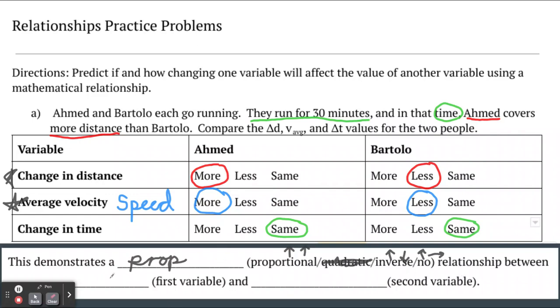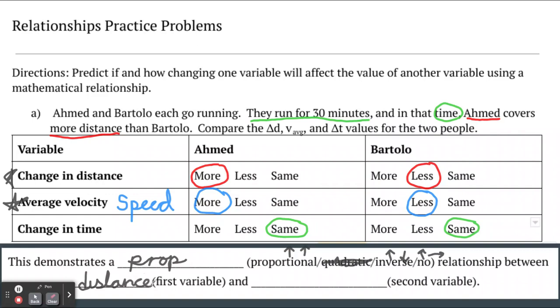And then we need to think about the first and the second variable. We were given that Ahmed covers more distance. That's going to be the independent variable. So when you are given one of those things, that should become your independent variable for these practice problems. So we know distance, so we're going to put in distance here. Okay, great.